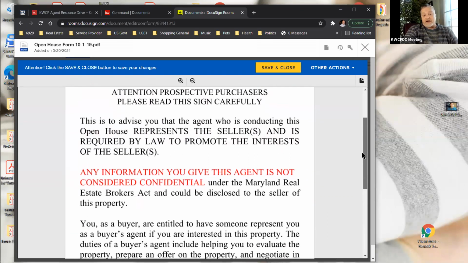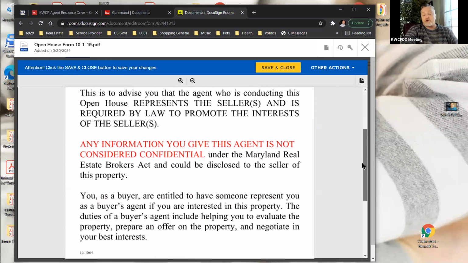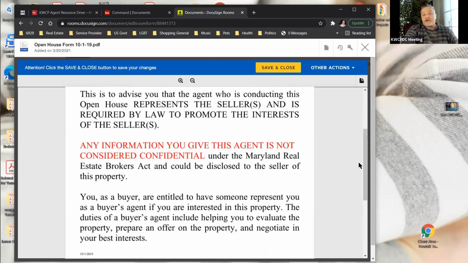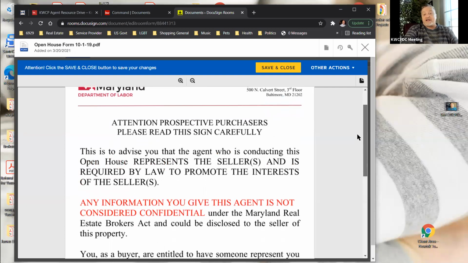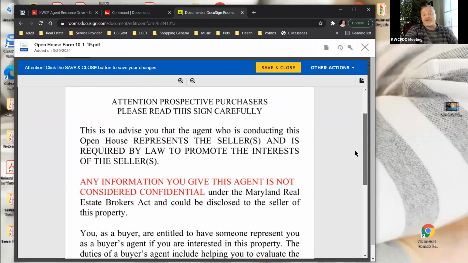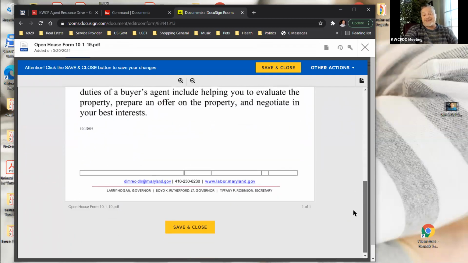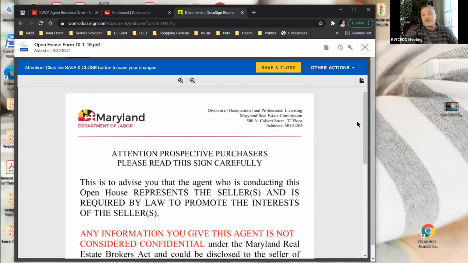It would be advisable to post this on the front door and to have it visible on a kitchen table or a countertop somewhere inside, very clearly visible. The law says that it has to be in this colored version. It cannot be a black and white version. Anybody have any questions on that?